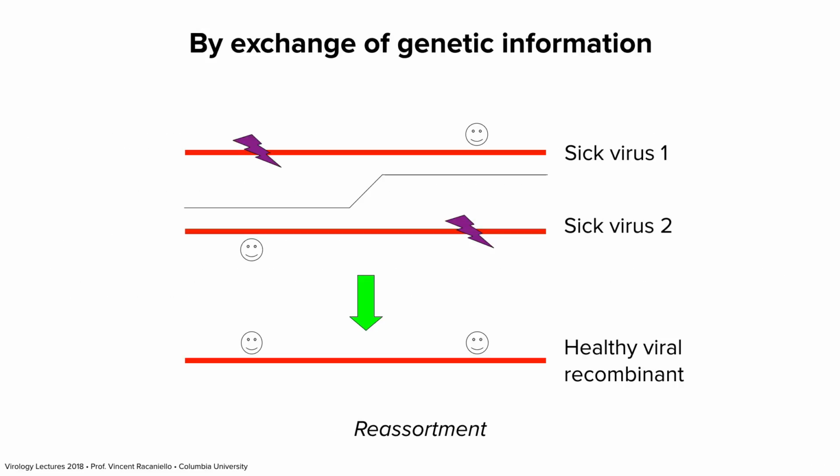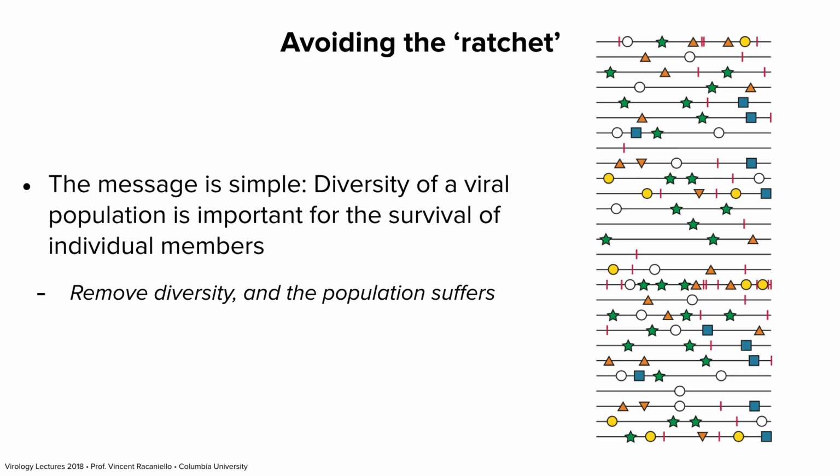There are other ways of repairing or fixing Muller's ratchet, if you will. Recombination is another one. If the ratchet makes 2 sick viruses, those 2 can recombine in a host to produce a healthy viral recombinant. So there are ways in nature of overcoming Muller's ratchet. So the message is very clear.